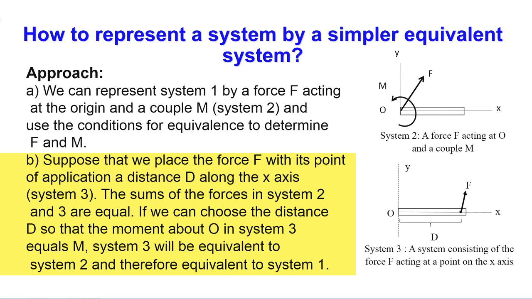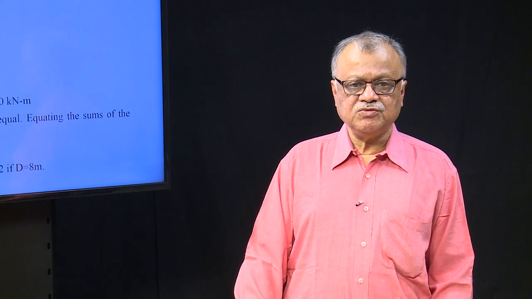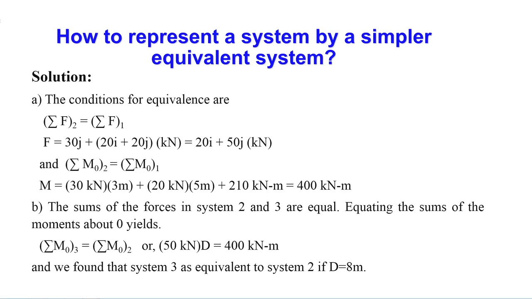That means, only force is applied and which will be equivalent. So, we have to find out what will be the distance d. How will we do it? First, system 1 and system 2: all these forces and moments will be represented by one force and one moment.